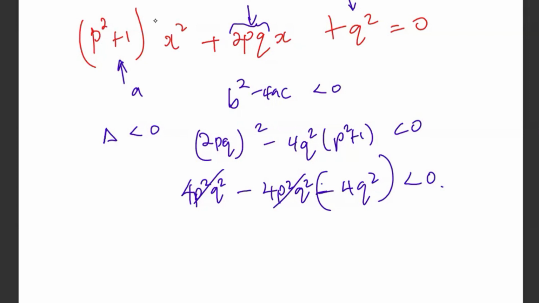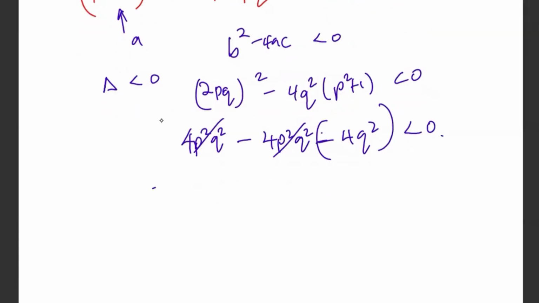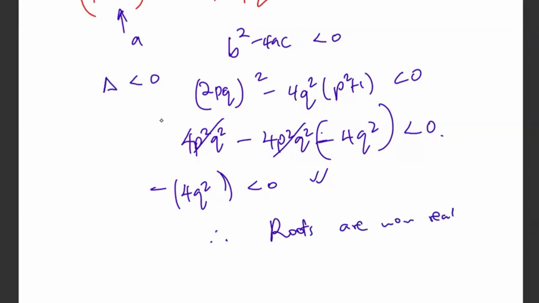Now, I think this is enough for us to draw the conclusion. Since the whole thing is negative regardless of what q is, it is less than 0, which agrees with the condition. So the left-hand side is equal to the right-hand side. Therefore, we're saying that the roots are non-real.